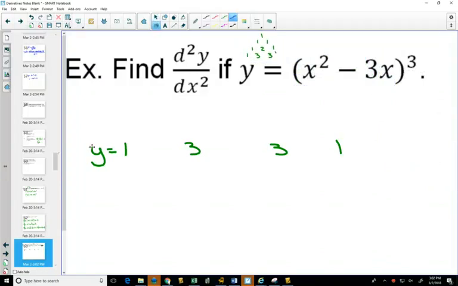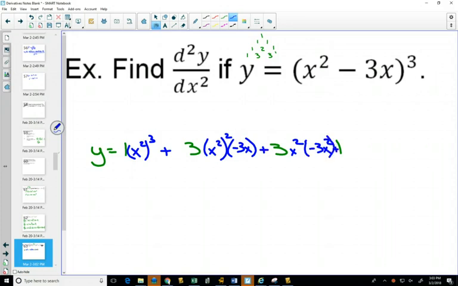And then you would have your first term cubed, then your first term squared, then your first term 1, and then none of your first term. Your second term, no times. Your second term, 1 time. Your second term, 2 times. And then your second term, 3 times.